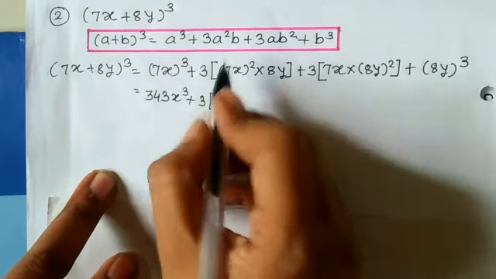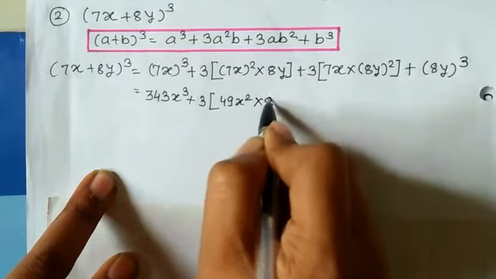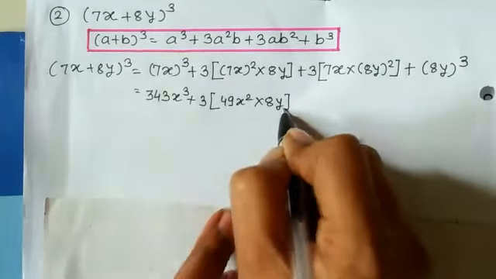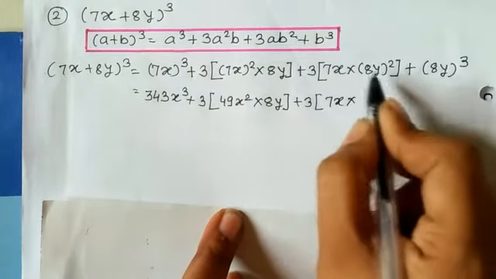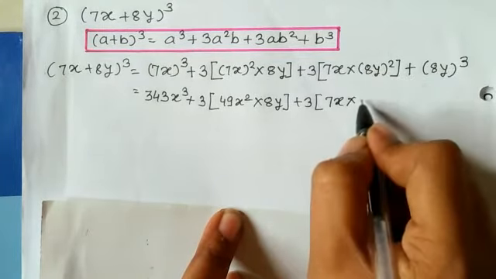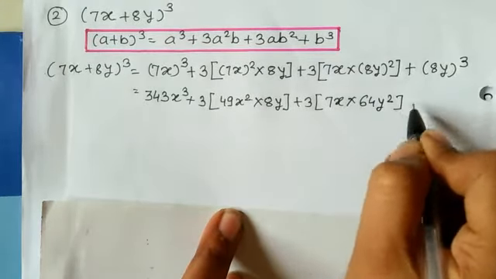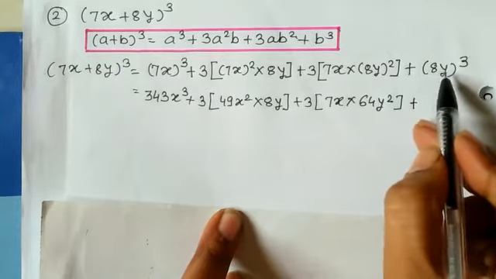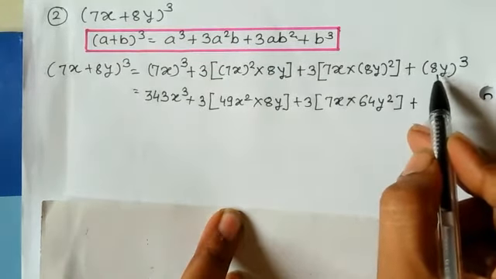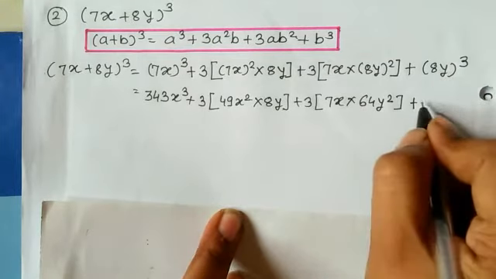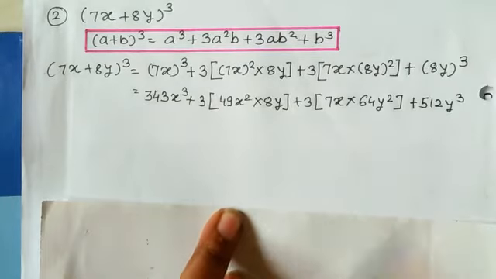The square of 7 is 49, x square multiplied with the 8y as it is, plus 3 into bracket 7x multiplied by the square of 8, it means 64 y square, bracket complete, plus now we have to do the cube of both, it means 8y. The cube of 8 is 512 and y's cube, it means y cube.